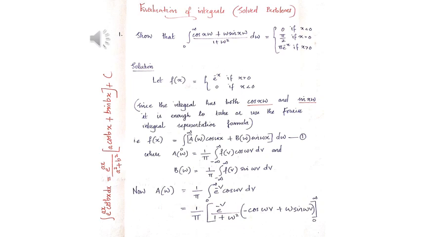After writing f of x and a of omega and b of omega, the function here is e raised to minus x. So in the place of f of v, we are giving e raised to minus v cos omega v dv. Then using the integral formula, you can do the integration. While doing a of omega, we will get the answer 1 by pi into 1 divided by 1 plus omega square.